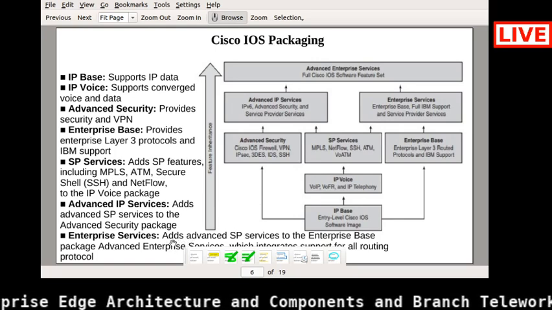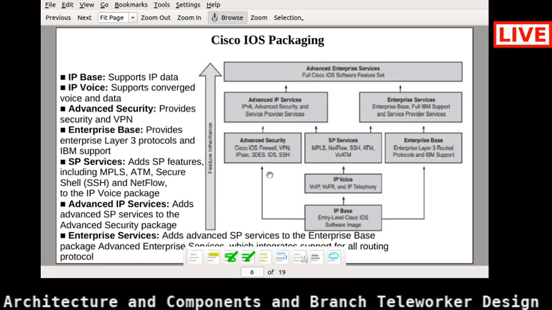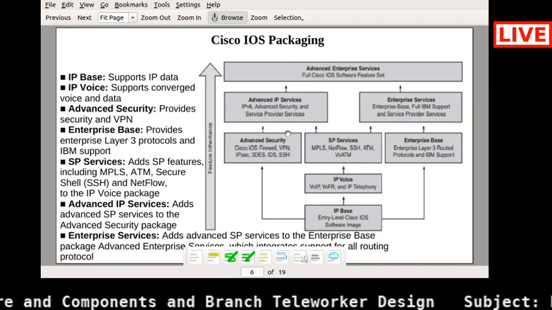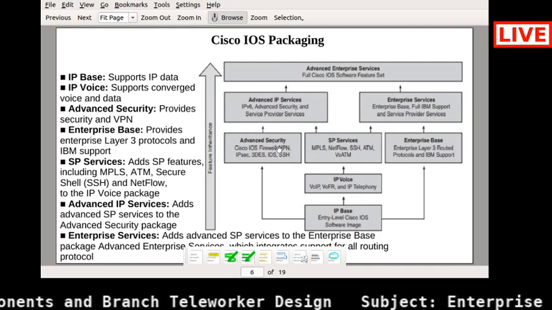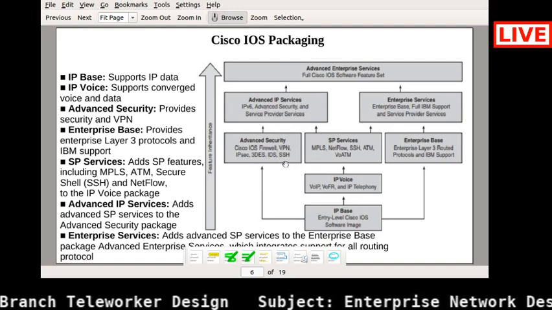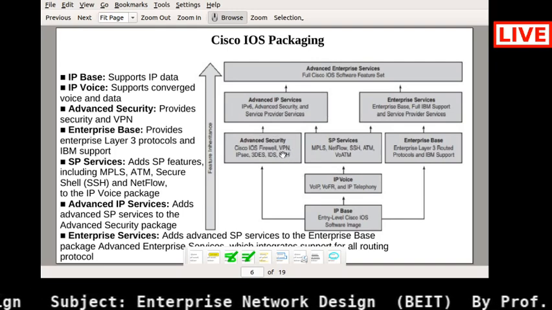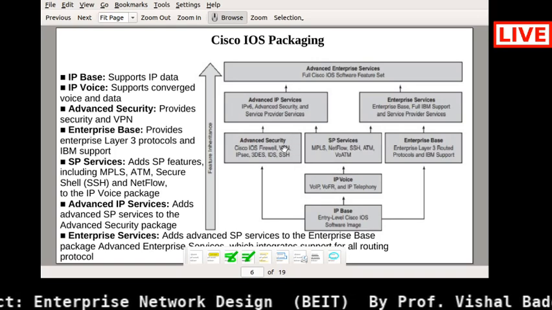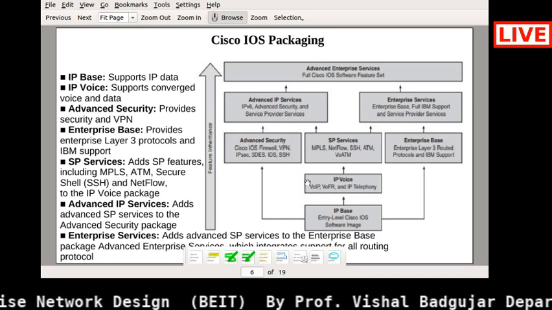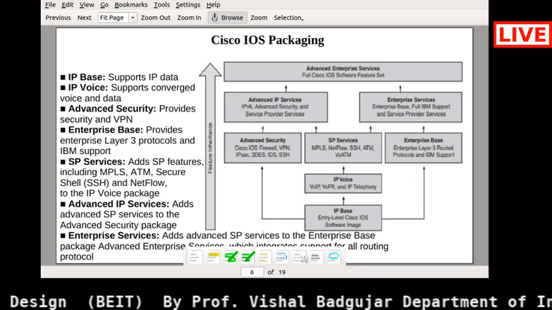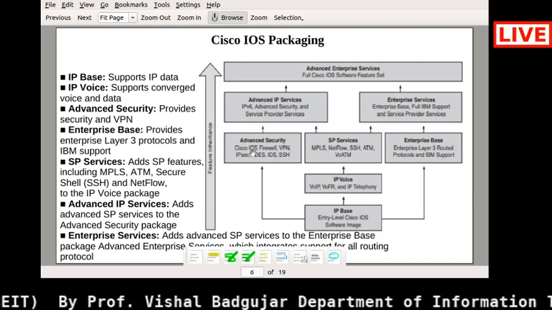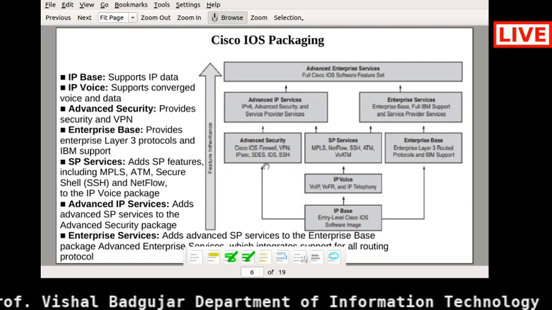So these are nothing but bundles, or combined packages of the Cisco iOS. It depends upon which kind of services you are going to use, and accordingly which enterprise edge components you are going to use for that particular enterprise.